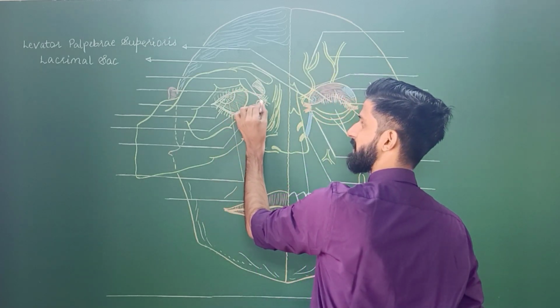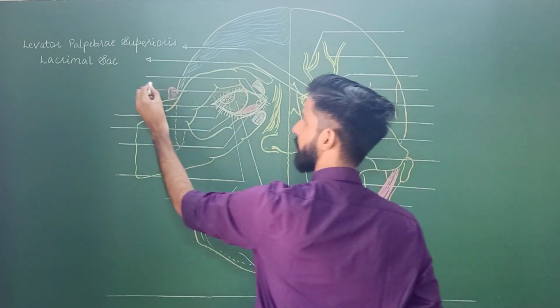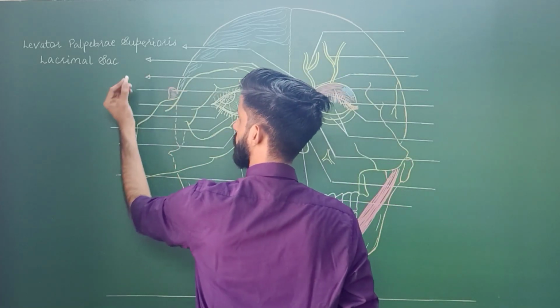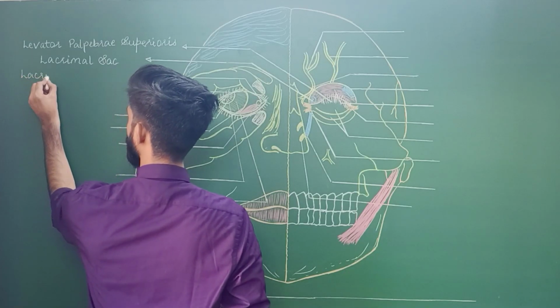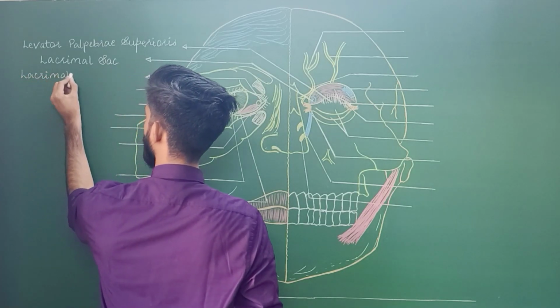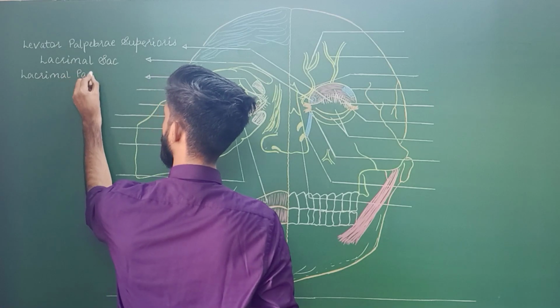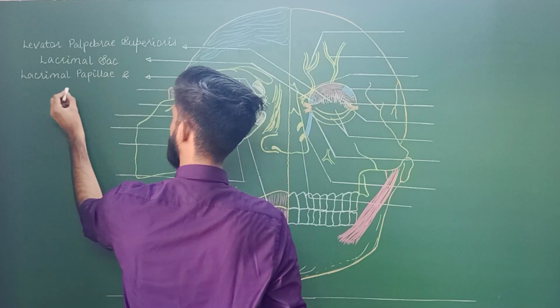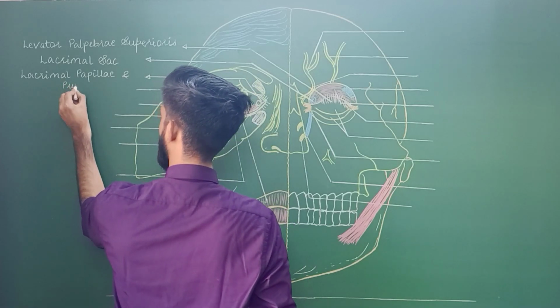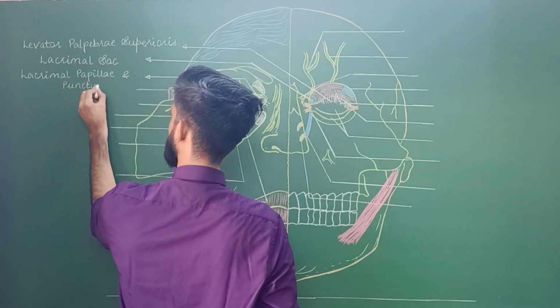So just beside this rounded body you come out. Okay, let us take the naming on this side. Lacrimal papillae and the lacrimal punctum.